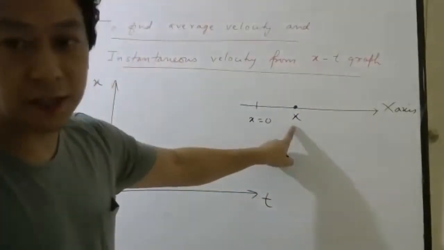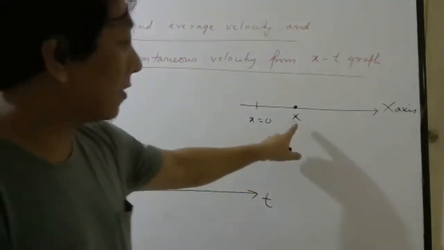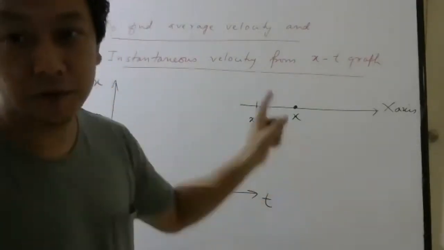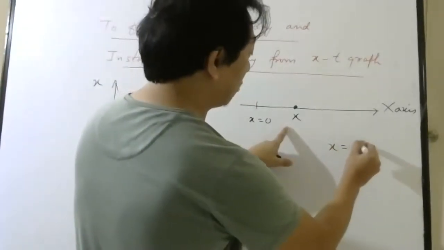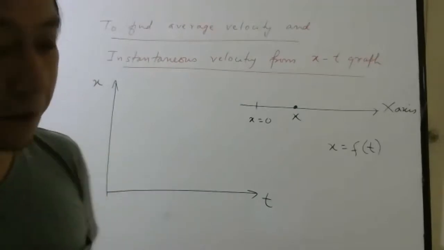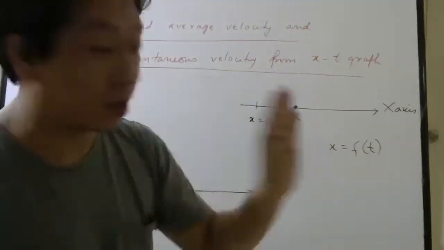Whenever I write x, it means from origin to here it is x. So x gives you basically the displacement from origin, and let us say it is changing with time. Changing with time means it is a function of time. It is moving in a straight line.